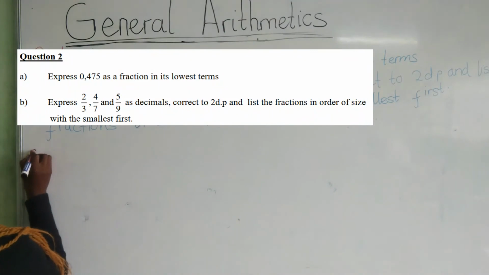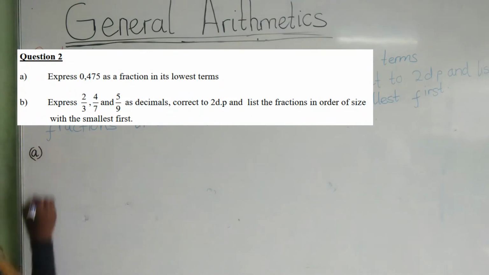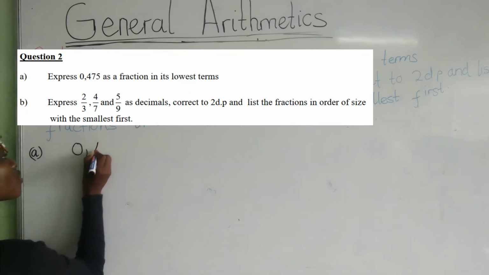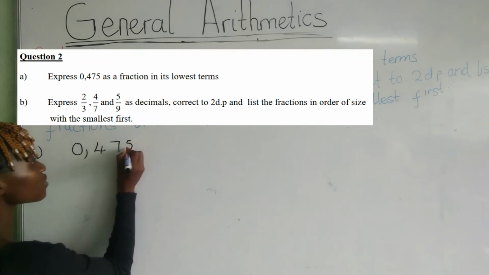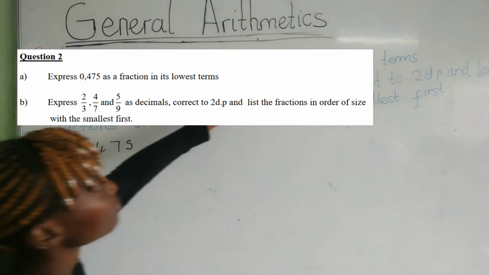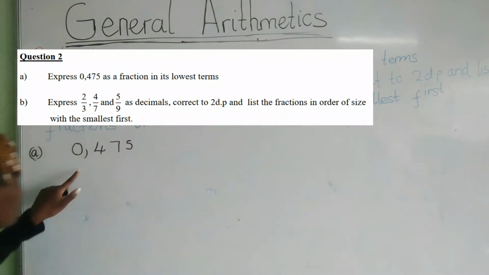Okay, so for part A, we are going to express 0.475 in its lowest terms. As a fraction, again, we have to put this into a fraction.